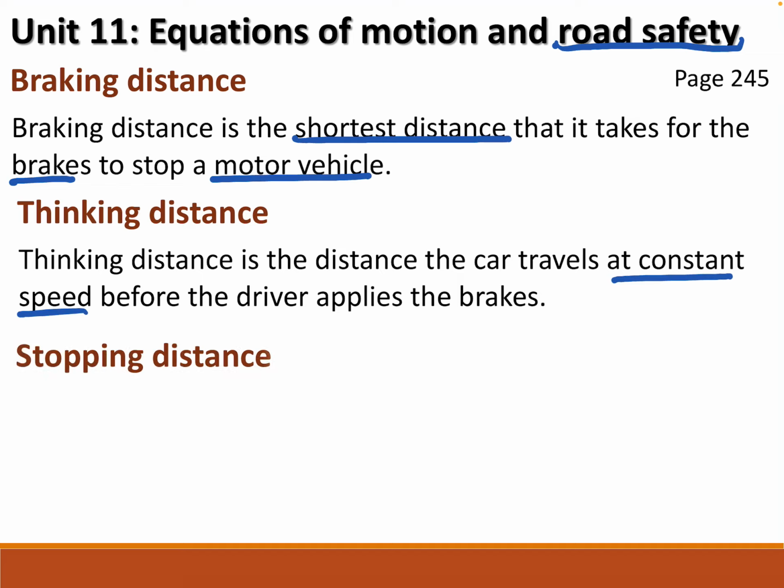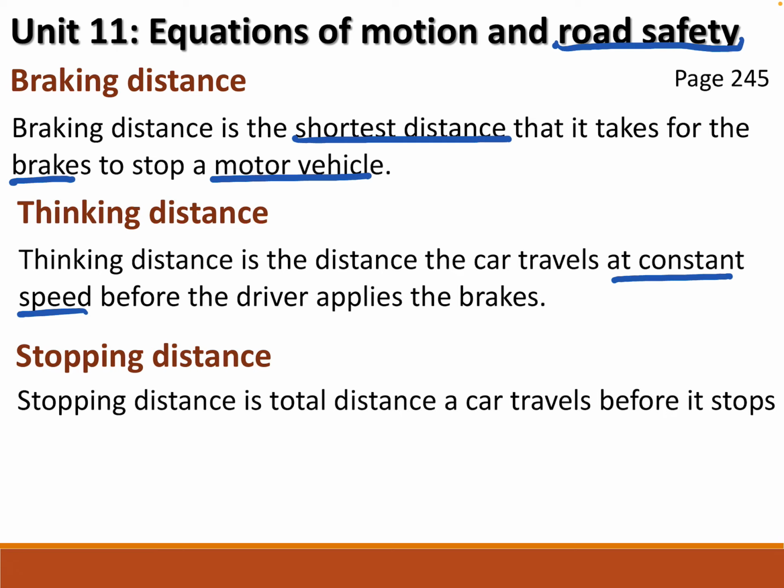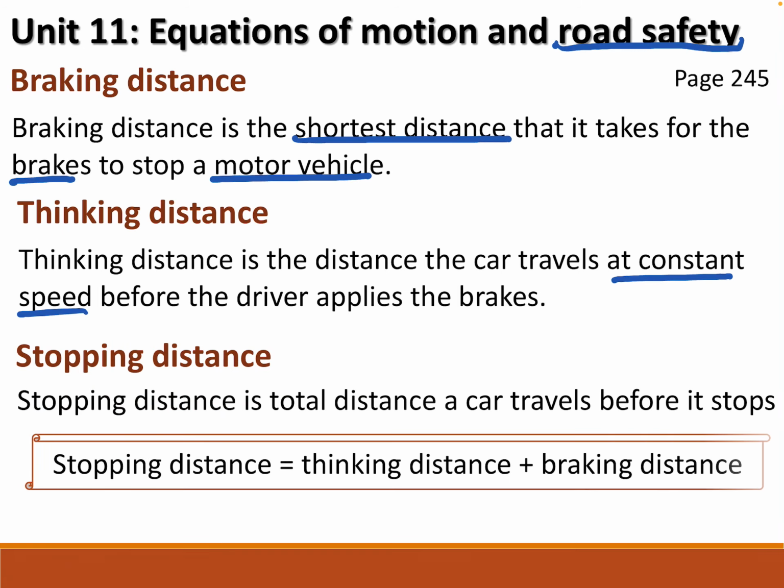That's my thinking distance. My stopping distance, therefore, is the braking distance plus my thinking distance. That's how long it actually takes us to stop. So when you hear things like you must always be 3 seconds behind a car, you'll learn this when you learn to drive. And when it's raining, you need to be even further away.